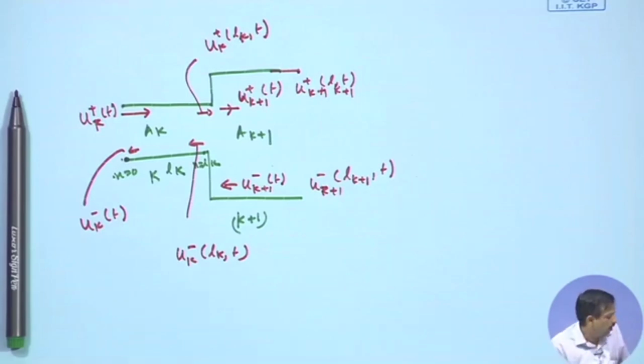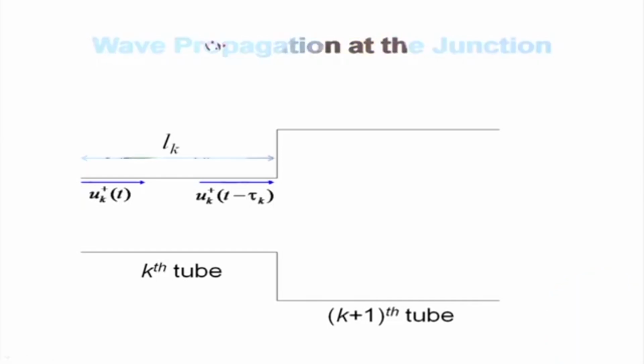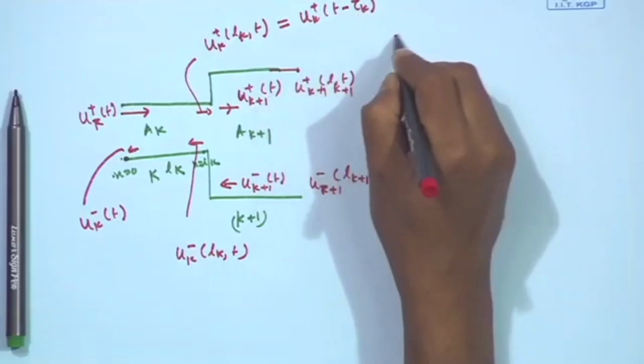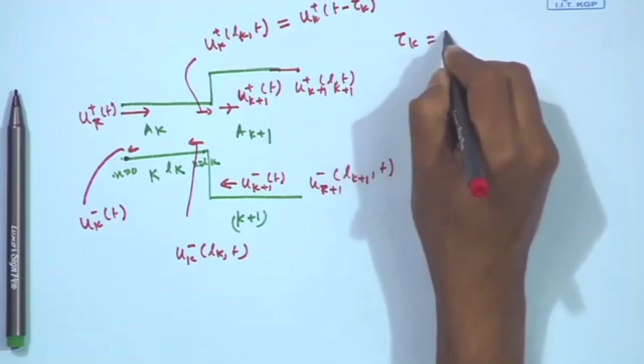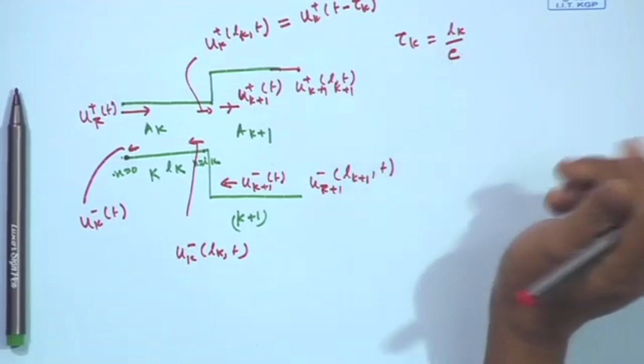Okay. Now, what will happen if you see the slides? I had tau k, so here I have written tau k. What do you mean by tau k? This is nothing but u_k plus (t minus tau k), where tau k is nothing but L_k by c.